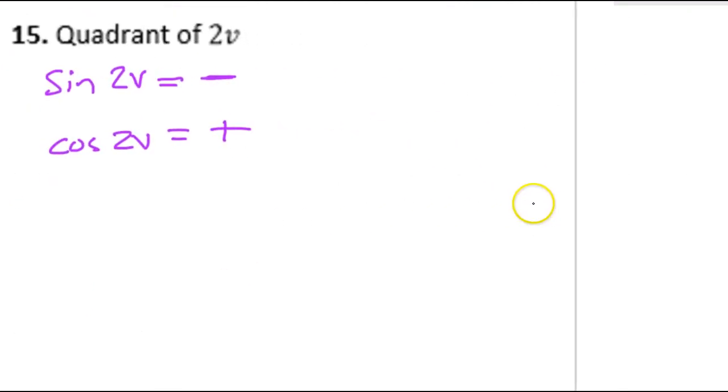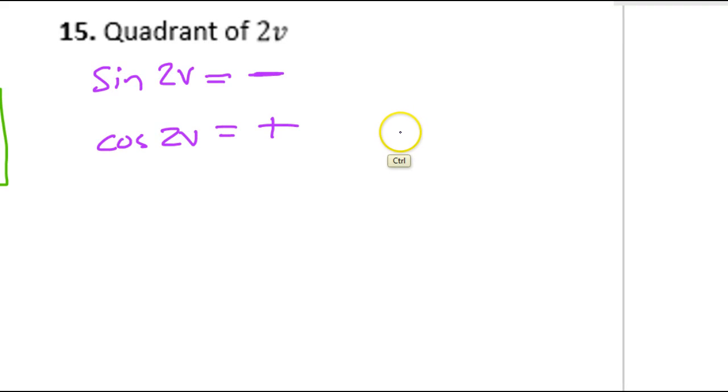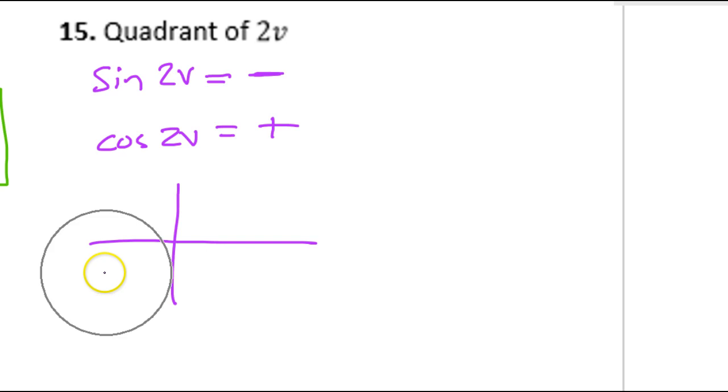Okay, so what is the quadrant where sine is negative and cosine is positive? Well, let's think about that. Sine is negative. Sine is a y value, so sine will be negative below the x-axis. Cosine has to be positive.